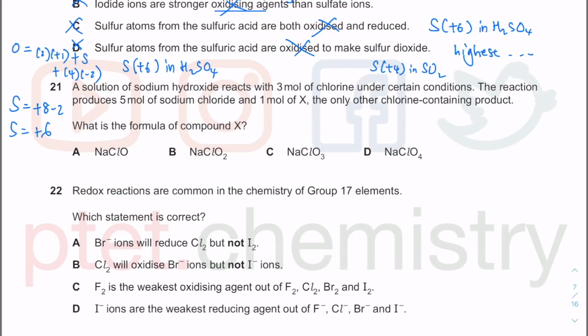In question 21, this is about certain conditions. This is the hot concentrated condition for sodium hydroxide. What is happening? Yep, this is the more concentrated NaOH, the hot concentrated NaOH. This is the more extreme disproportionation reaction.